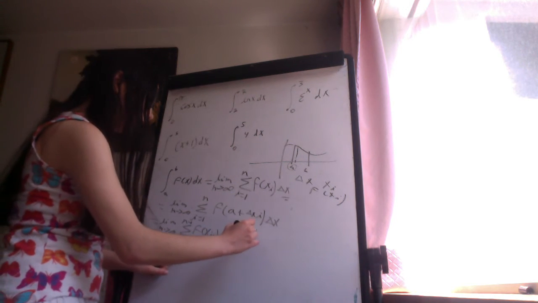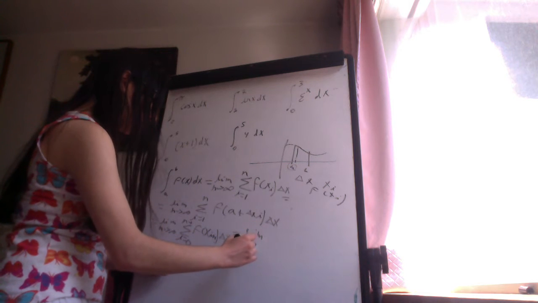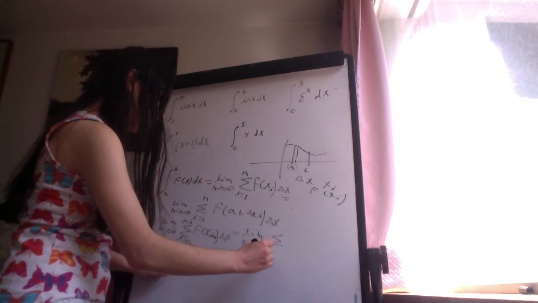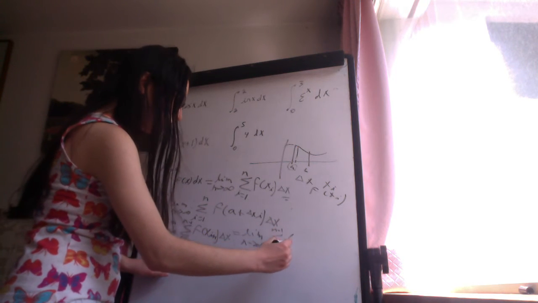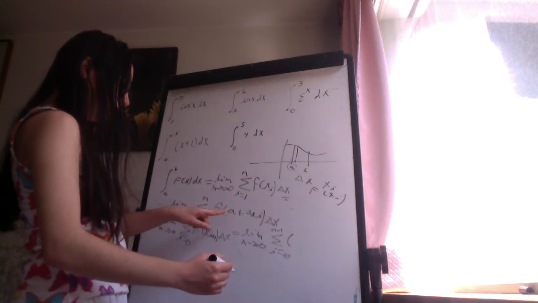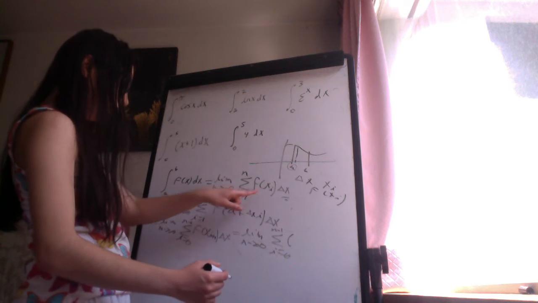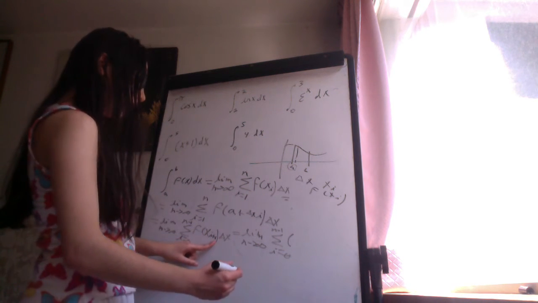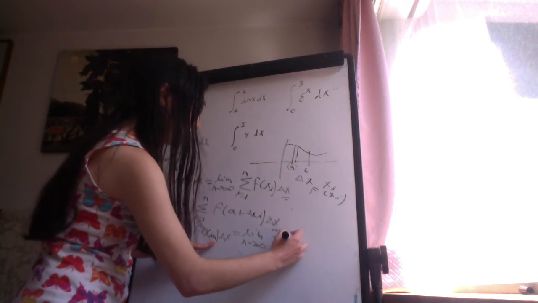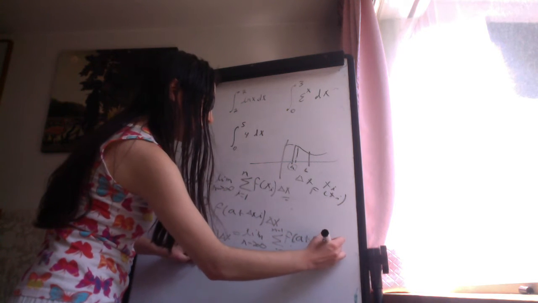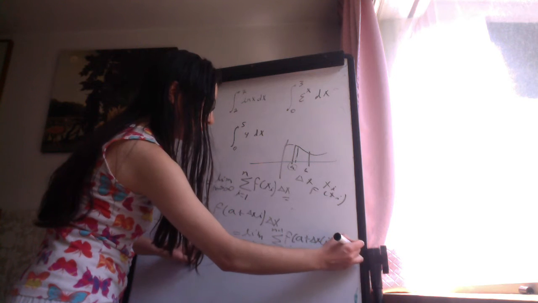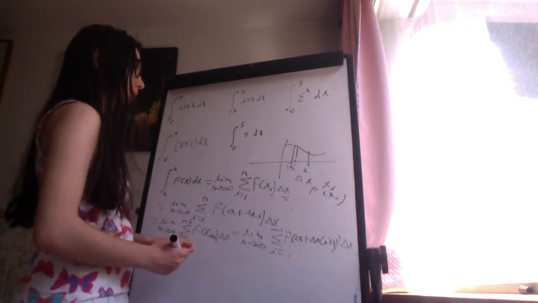So this is the limit as n approaches infinity of the summation from i equals 0 to n minus 1 of f of x sub i plus 1. If this is f of x sub i, then f of x sub i plus 1 will be f of a plus delta x times i plus 1, and all these times delta x. This is the right Riemann sum.